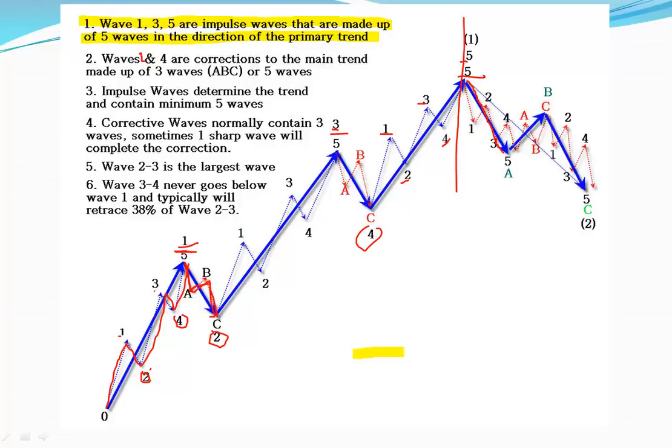In a much deeper correction, you're expecting a large ABC down, but within that structure, it turns bearish for the period of time where it corrects. So you have that 1, 2, 3, 4, 5, then an A, B, C up, and then 1, 2, 3, 4, 5 down to complete the larger-term ABC.